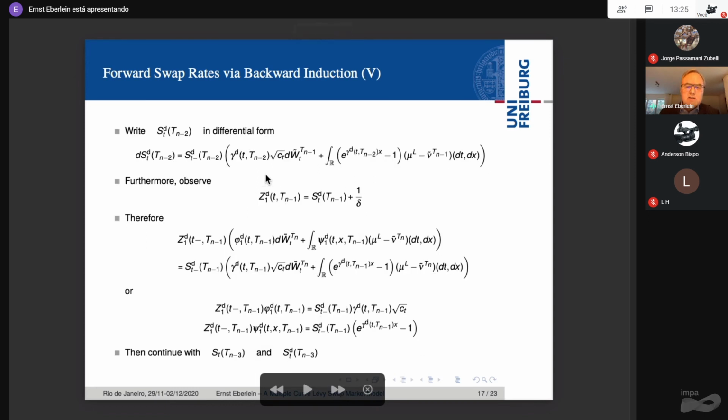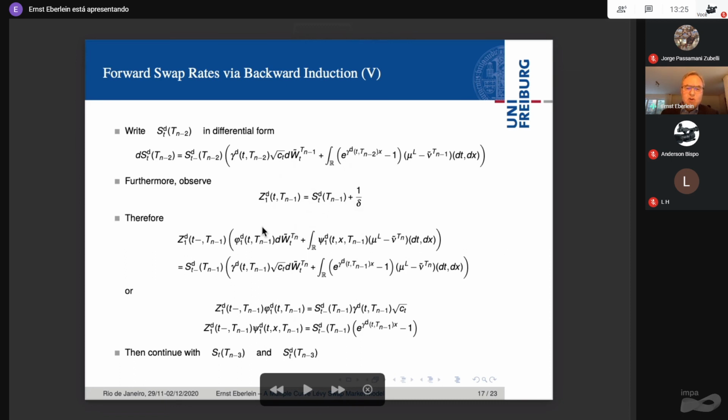And we can also represent these rates now as stochastic exponentials, which means as stochastic differential equations. In this case, we have a simple relation between the discounted quantities and the swap rate itself. So the dynamics of these two is the same because they differ just by a constant.